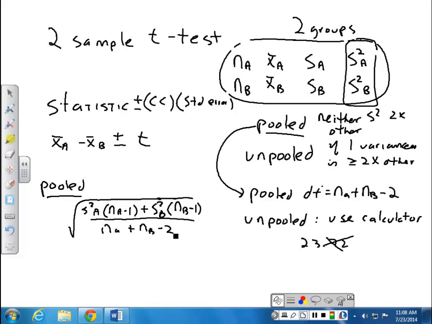That's really the pooling of the variances. But remember, we're going to divide by the square root of n if we were doing variance. In this case, you multiply 1 over NA plus 1 over NB. Sorry, that's kind of running together there.